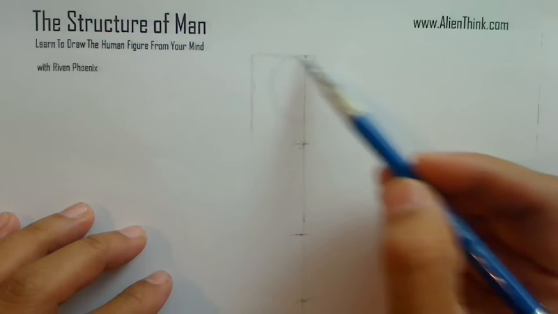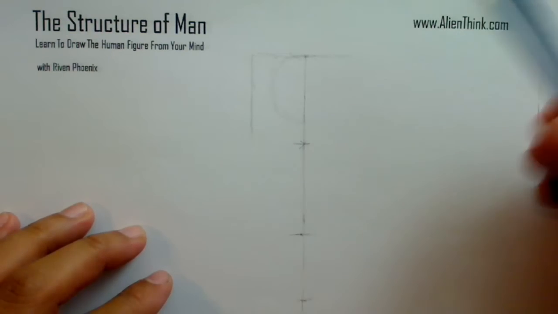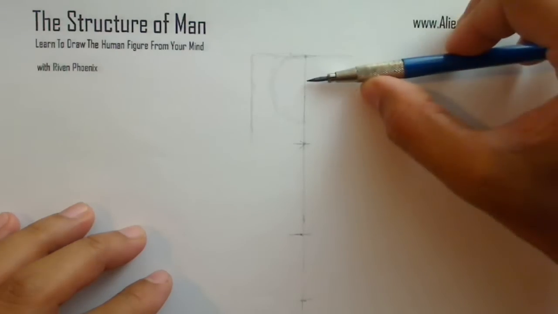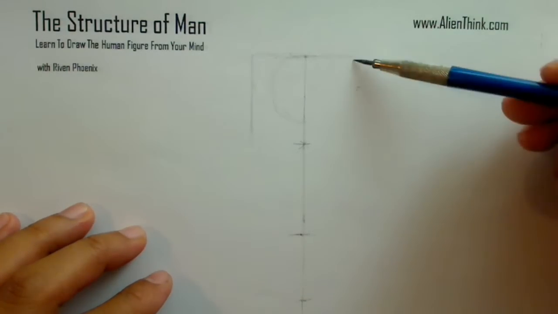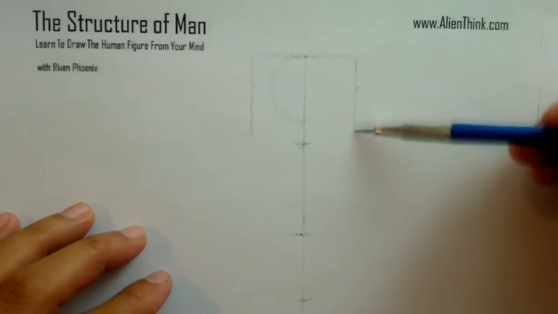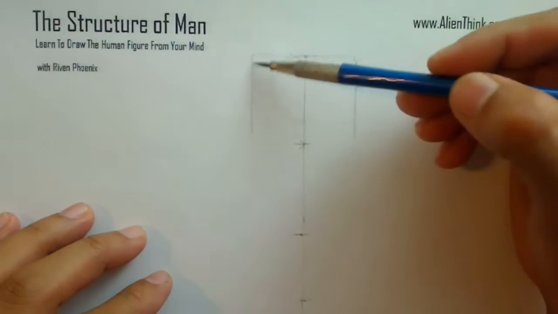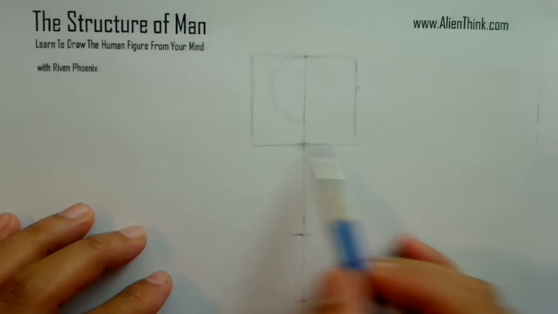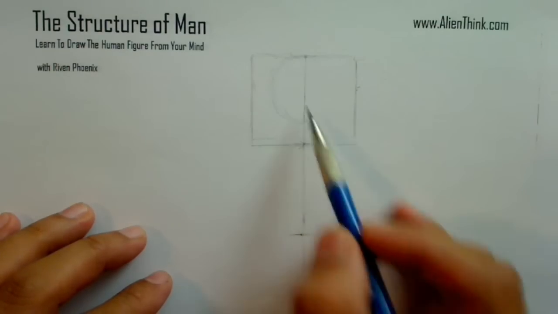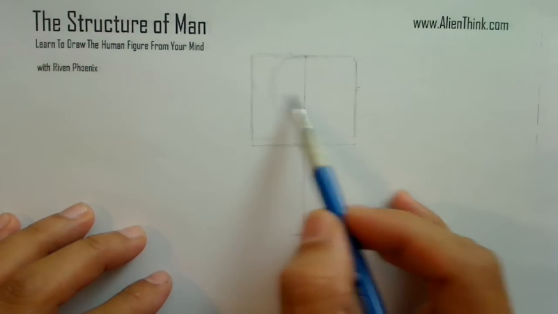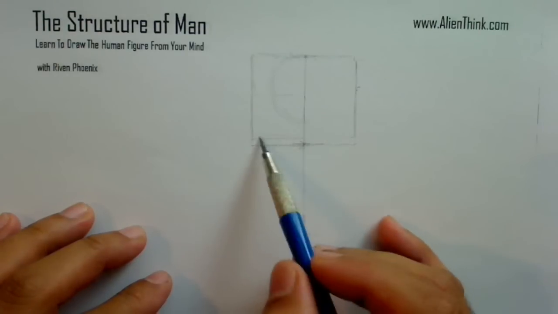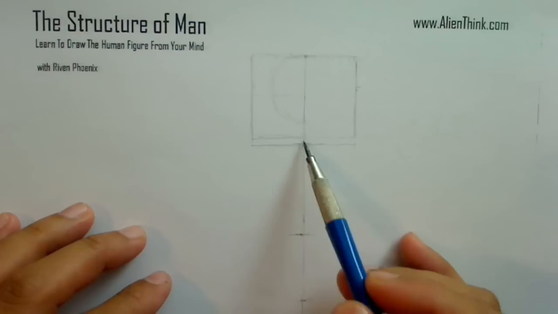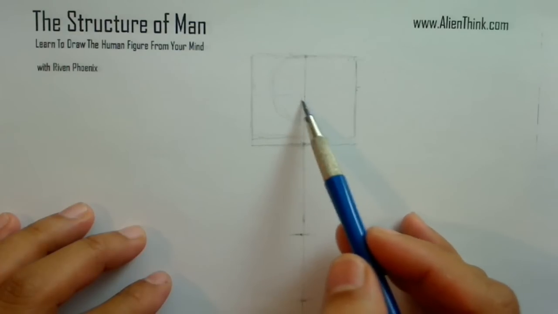So here I'm going to draw out the box for the pelvis, right? Because we want to understand how it relates to the femur. Here I'm just going to draw it very roughly, like this. So this is going to be the crotch area, and we already know about that line over here, right? We're going to be dividing this area from this area in about half.